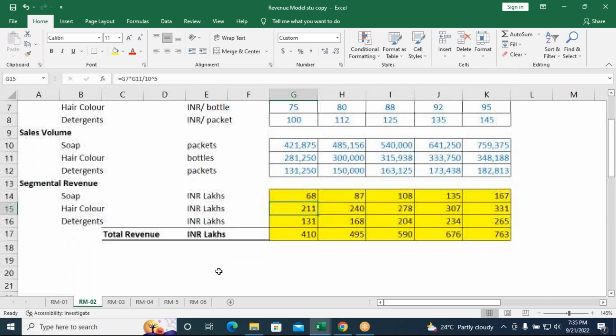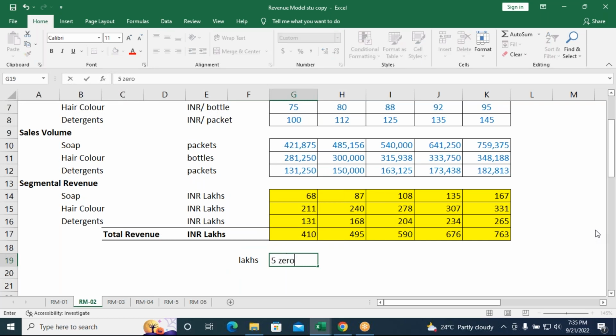So here when they are mentioning lakhs, how many zeros will I get? I'll get 5 zeros. If they are asking to show it in millions, it will be 6 zeros. And when they are asking for thousands, it will be 4 zeros.